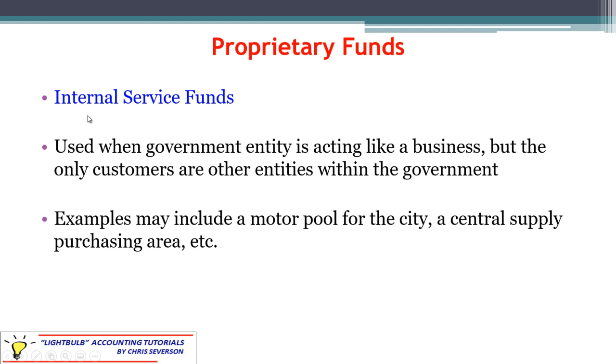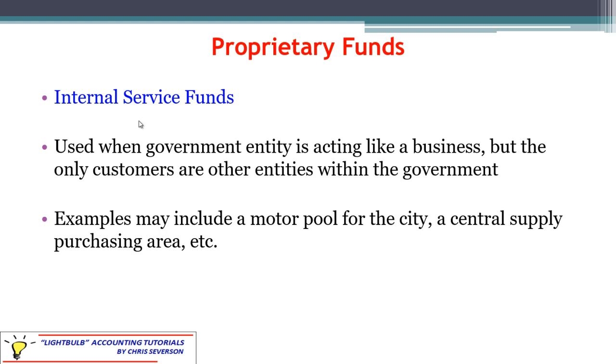Now let's talk about each of the two types. The internal service funds. This is where you have a government that, yes, it's acting like a business. It's providing services that you might very well find in another business, but the only customers in this situation are other entities or other departments of the government. So you might have a motor pool for the city.